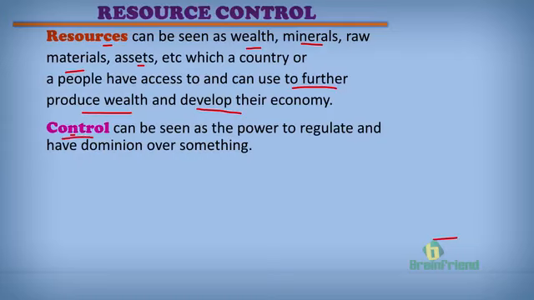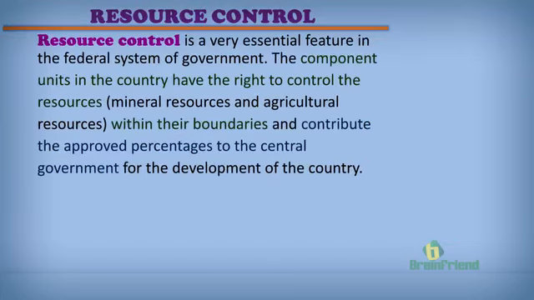Control can simply be seen as power to regulate and to have dominion over something. So then let's see how the resources in the federal system of government are controlled. Resource control is one feature that is very vital in a federal system of government, because the way in which resources are controlled in a federal system might not be so in other types of government.